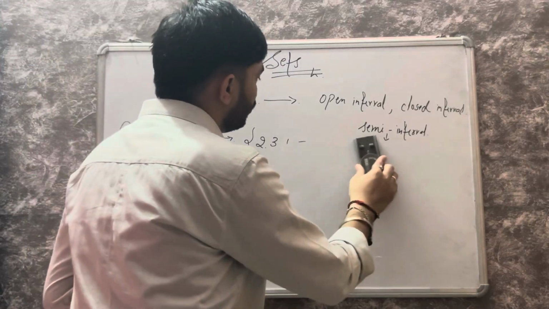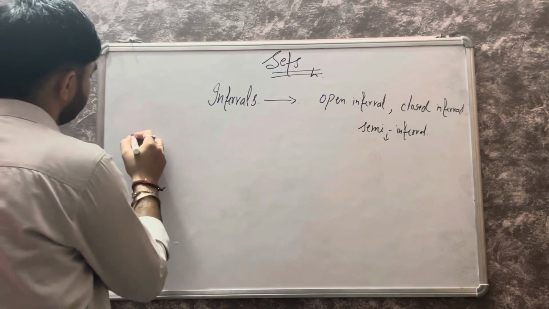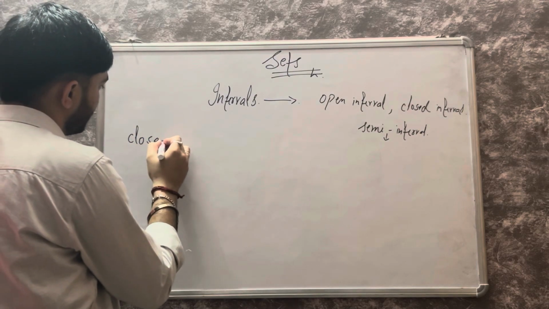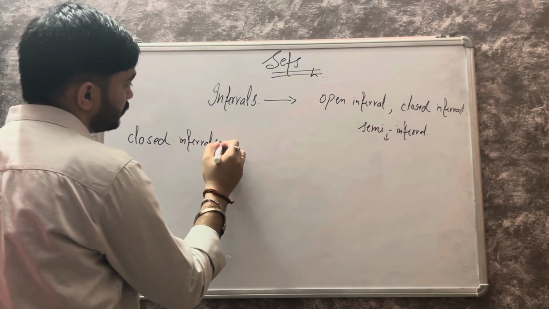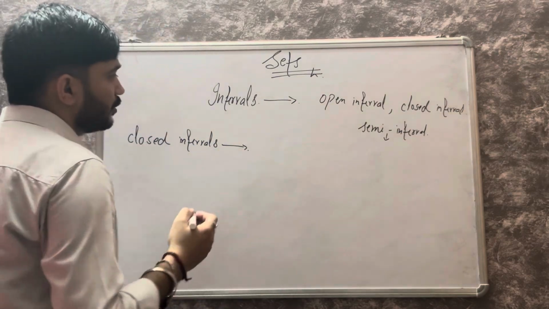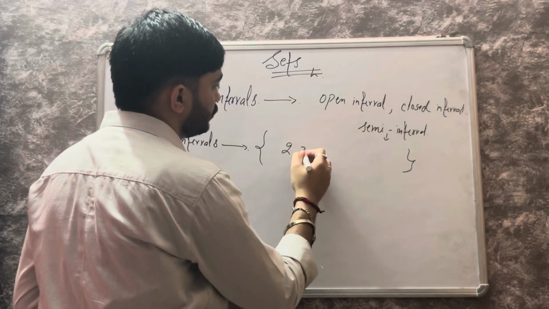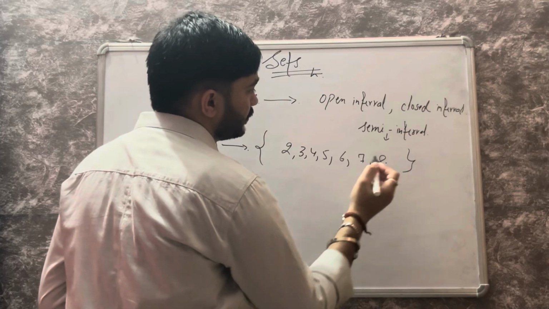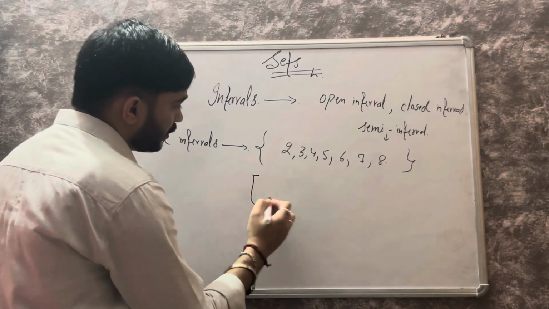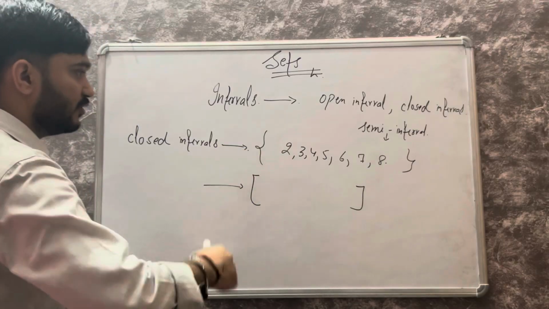Now moving forward to closed intervals. Closed intervals are like this: take the previous set, 2, 3, 4, 5, 6, 7, 8. Closed intervals are represented by square brackets, not curved brackets.